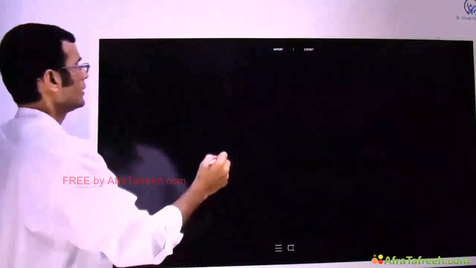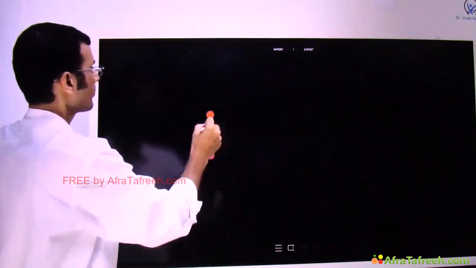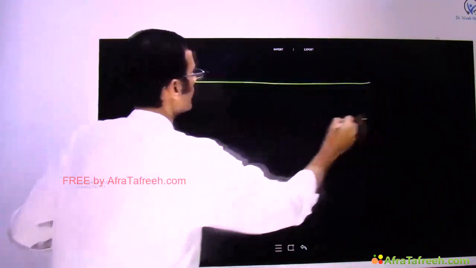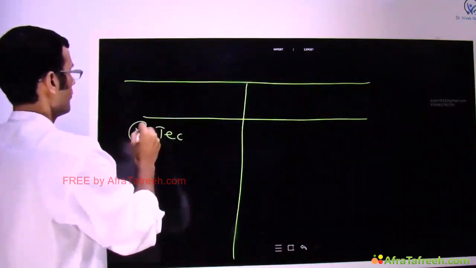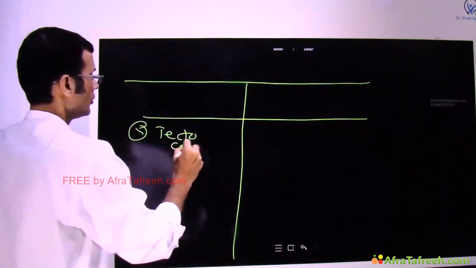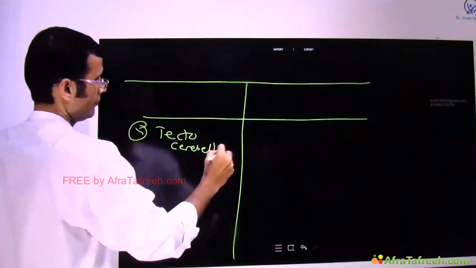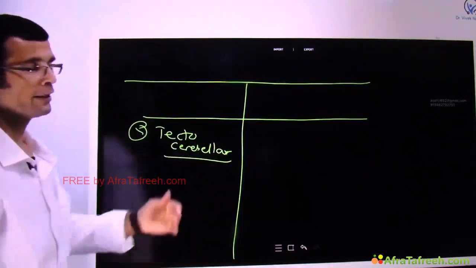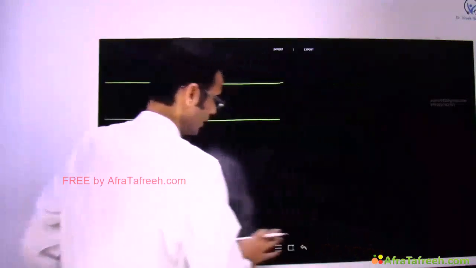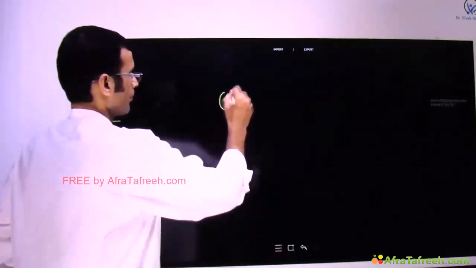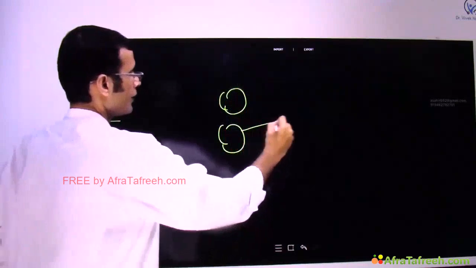Next afferent into the cerebellum is the tectocerebellar tract, from the tectum into the cerebellum, from the superior colliculus into the cerebellum. So, just an additional info.